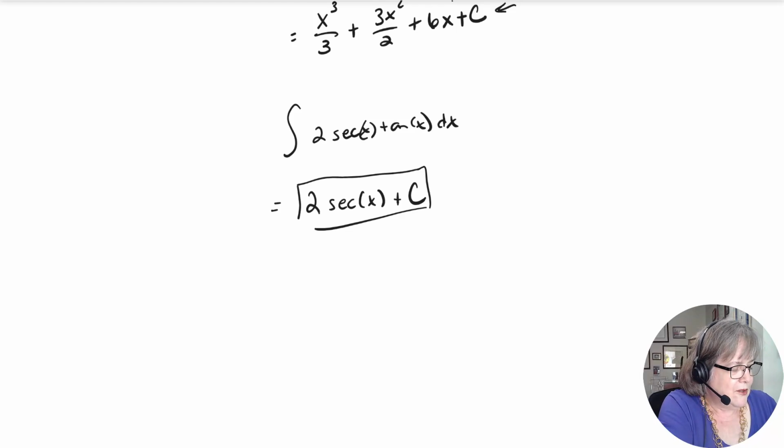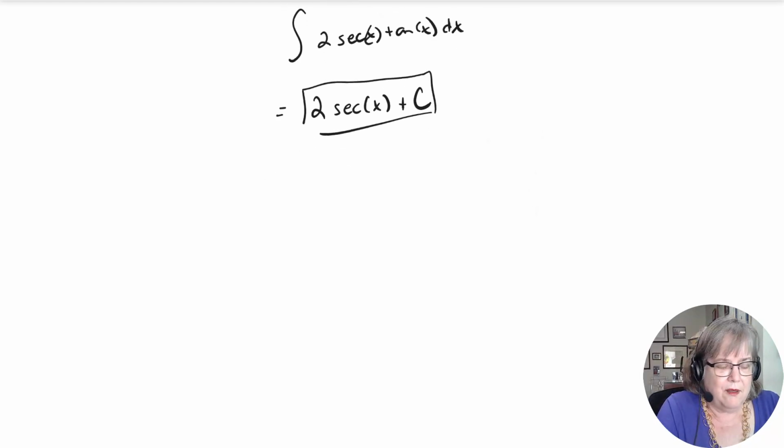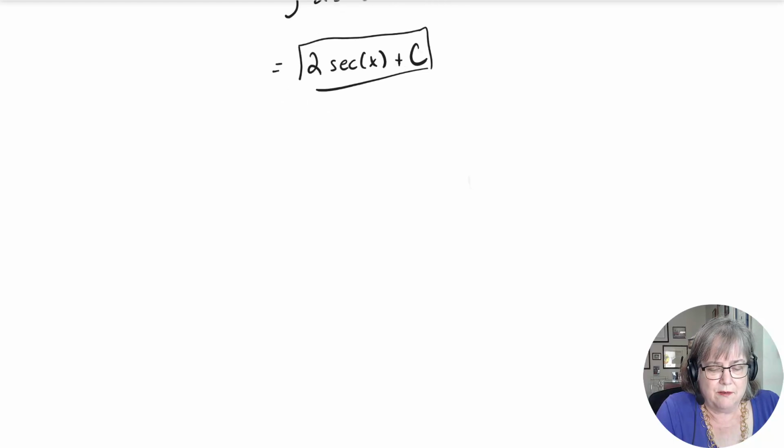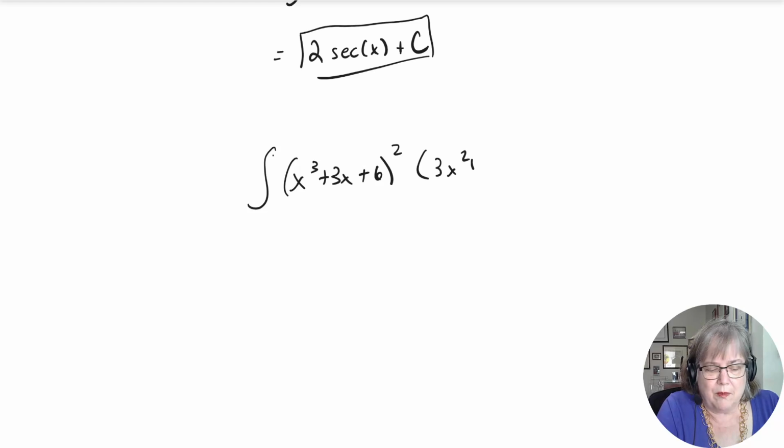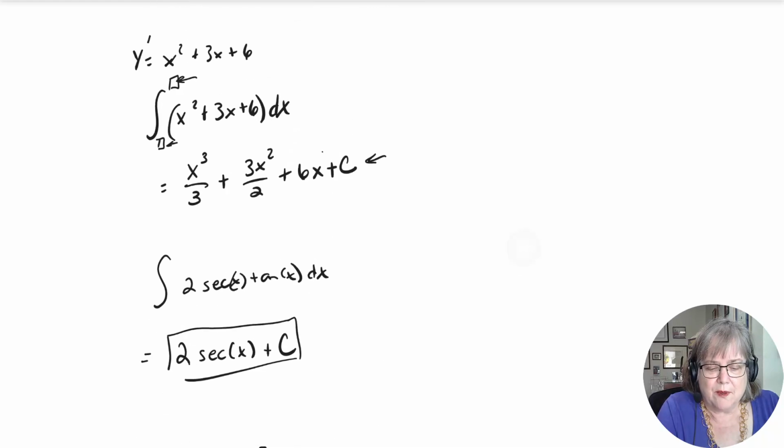Now, let's talk about doing a definite integral. Well, no, let's not do the definite integral yet. Let's do an indefinite one using u substitution. So let's talk about the integral of (x cubed plus 3x plus 6) squared times (3x squared plus 3) dx. Now up here, let's look at this one. You had just a simple x squared, a simple 3x, and a simple 6.